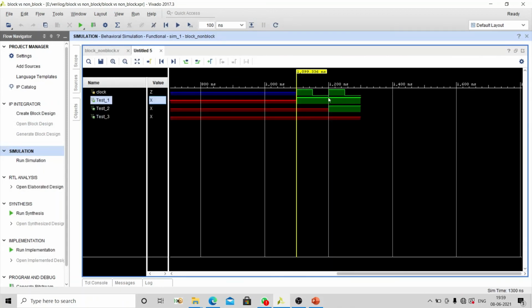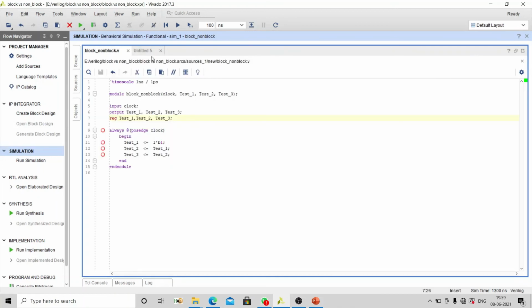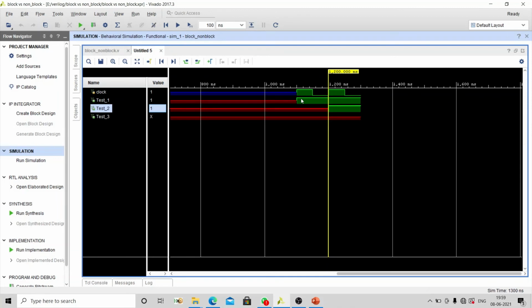Second clock cycle. You can see whenever there is a second positive edge of clock, our test2 got high. This is because in the previous clock cycle, whenever the positive edge appeared, our test1 went to high, so it is now in high state.